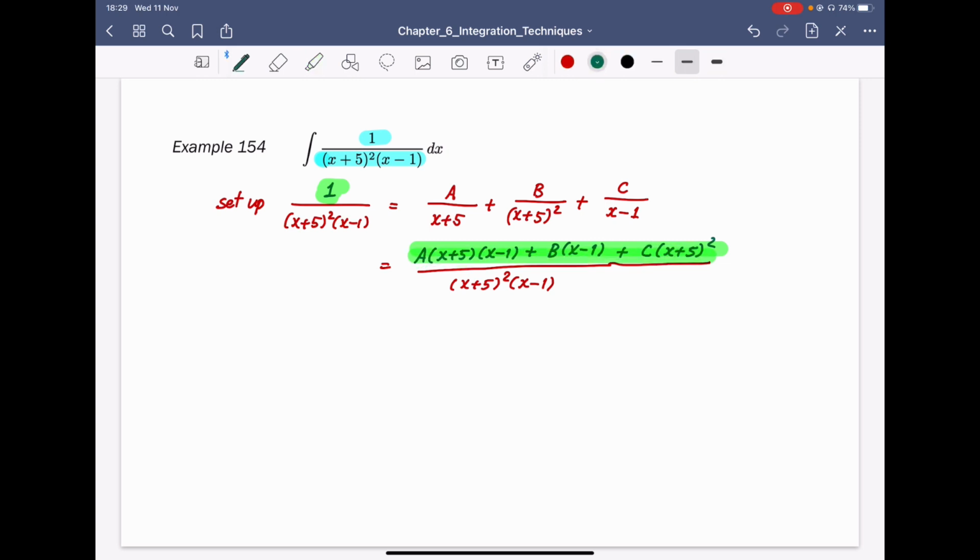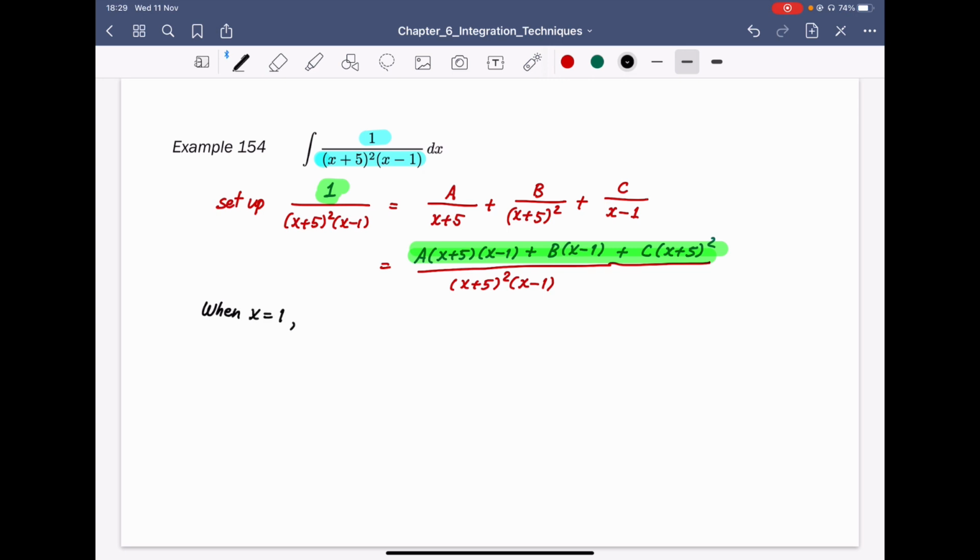Now, we need to find the exact values of A, B, and C. Technically, you have two ways to solve for A, B, and C: comparing coefficients or picking an appropriate set of numbers. So we are going to pick x equal to 1.